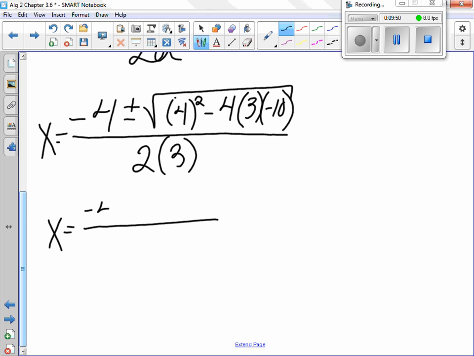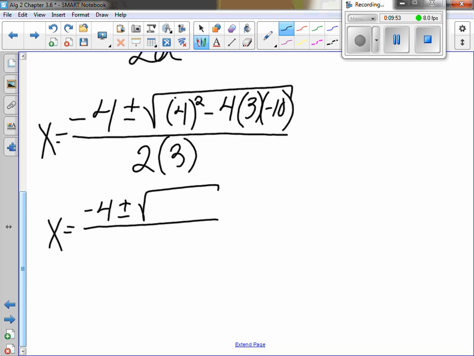So we have negative 4. And again, I would type everything that's inside the radical in first. So that b squared minus 4ac, or 4 squared minus 4 times 3 times negative 10, I would type that into the calculator first and see what we get there first. 136.